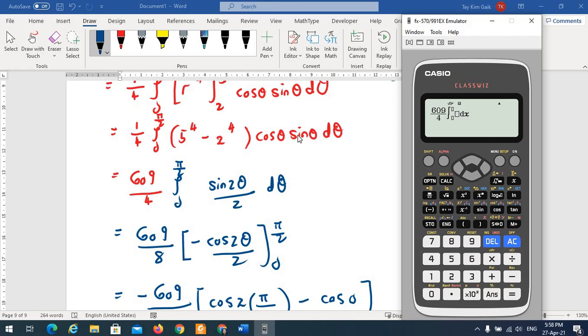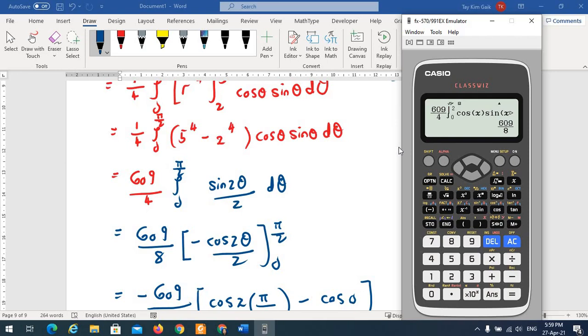Let's say you cannot remember the formula and you don't know how to integrate, then you use your calculator. So this is your cos x sin x, integrate from 0 to pi over 2. So using the calculator straight away, you get 609 over 8.